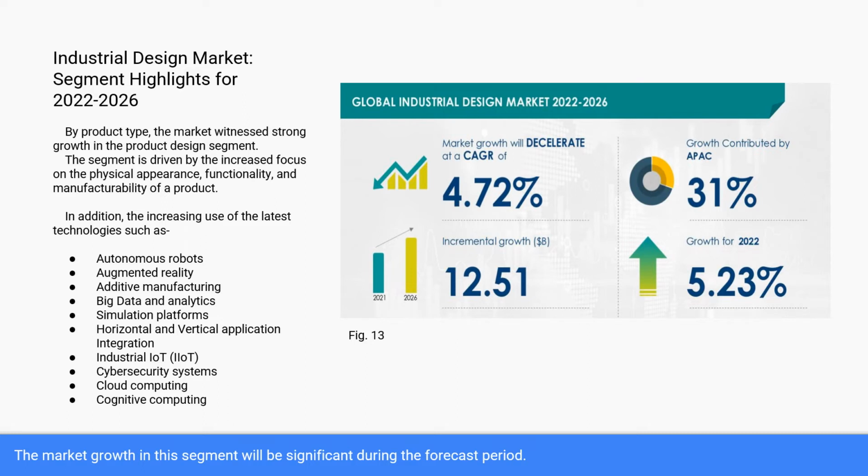In addition, latest technologies like autonomous robots, augmented reality, additive manufacturing, big data analytics, simulation platforms, horizontal and vertical application integration, industrial IoT, cybersecurity systems, cloud computing, and computing through cognition would be some significant parts which you might observe.